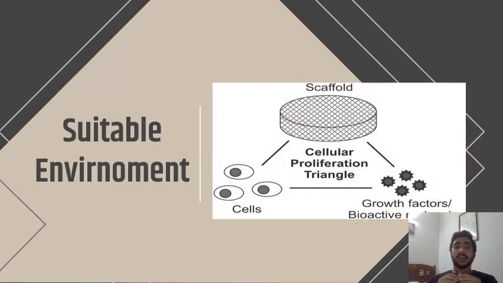The third important factor is a suitable environment. This environment contains specific chemicals, growth factors and bioactive molecules, and it works to replicate the biological and the mechanical function of the native extracellular matrix found in tissue in the body by serving as an artificial extracellular matrix.